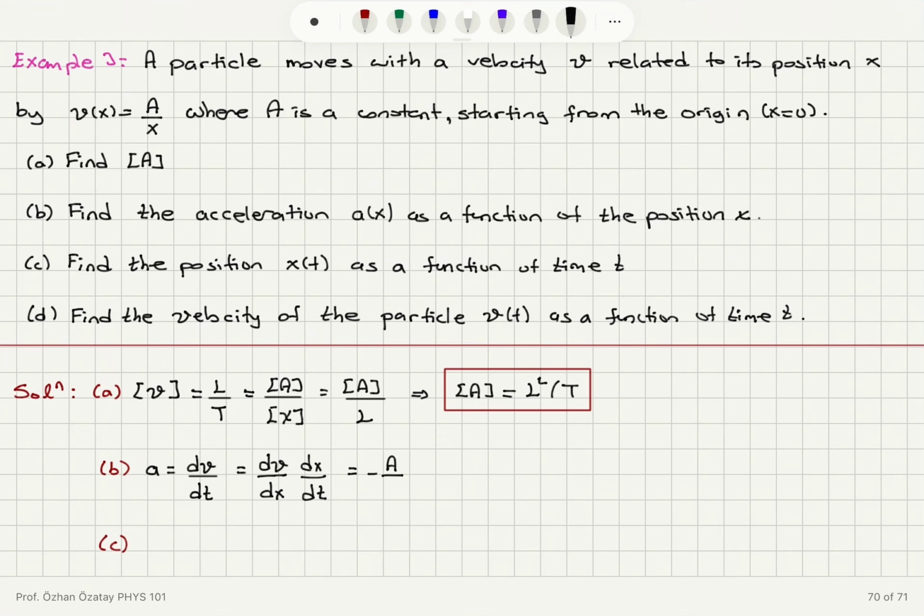It is minus a divided by x squared. Dx dt is my velocity, v. So it is minus a over x squared times a over x. So I find that acceleration can be written as a function of position as minus a squared divided by x cubed.